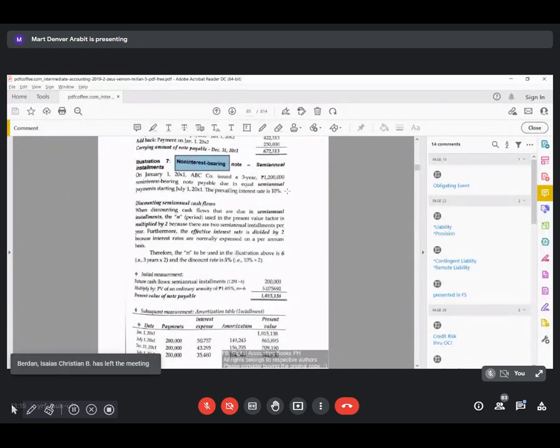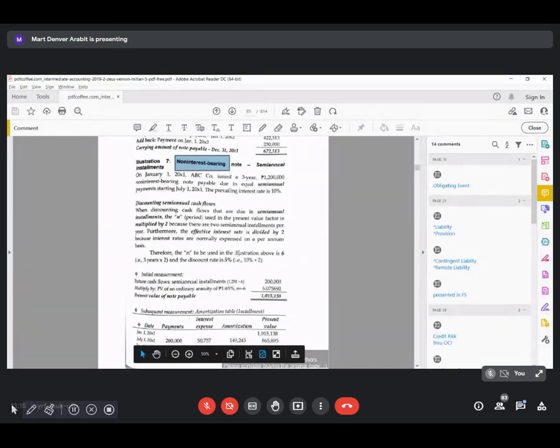So, huwag kayong malilito sa interest expense and interest payable. Magkaiba yun. So, again, for interest-bearing notes, ang interest is payable on annual basis. Example, interest is 10%.